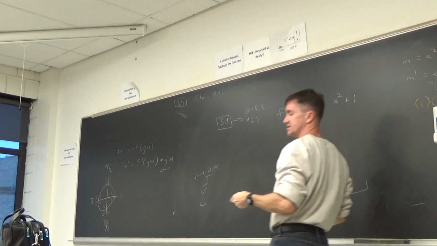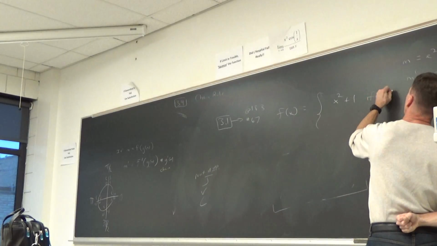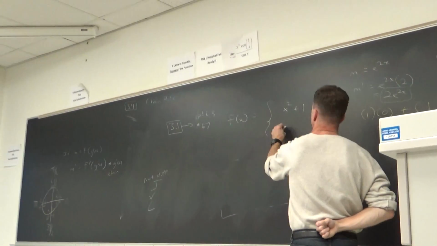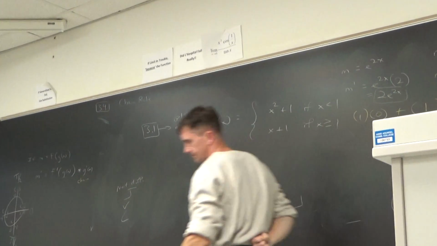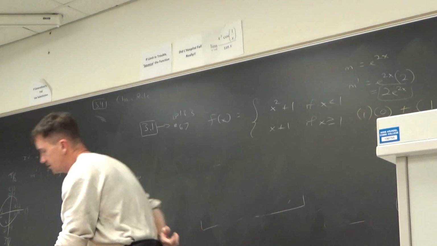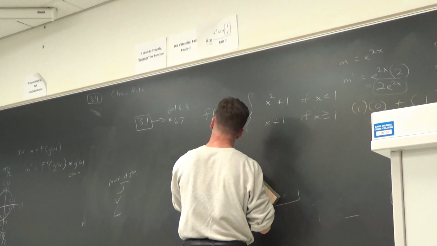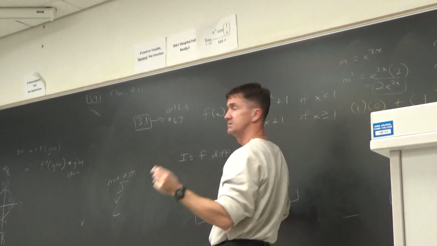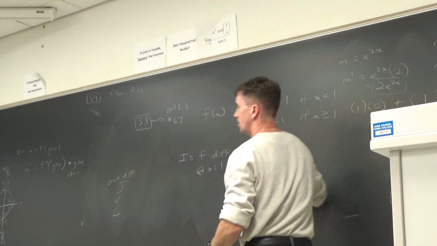You might make a sketch of this. That's only if x is less than 1. And on the right, they got, that's if x is greater than or equal to 1. Is f differentiable? I'm just going to write DIFF, okay? At x equal to 1.